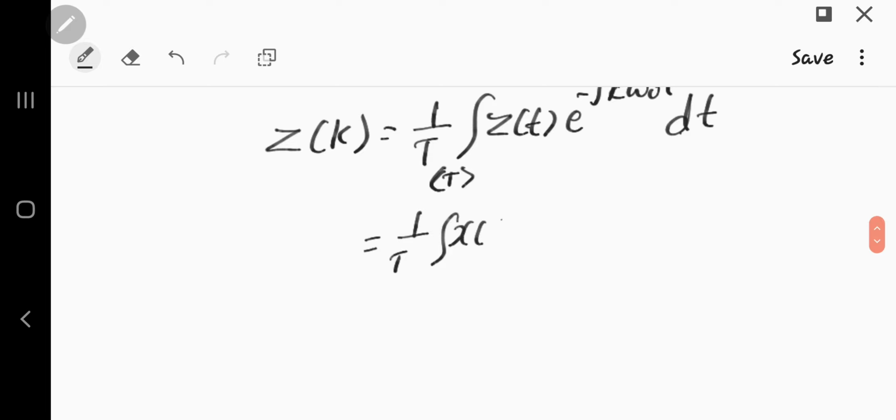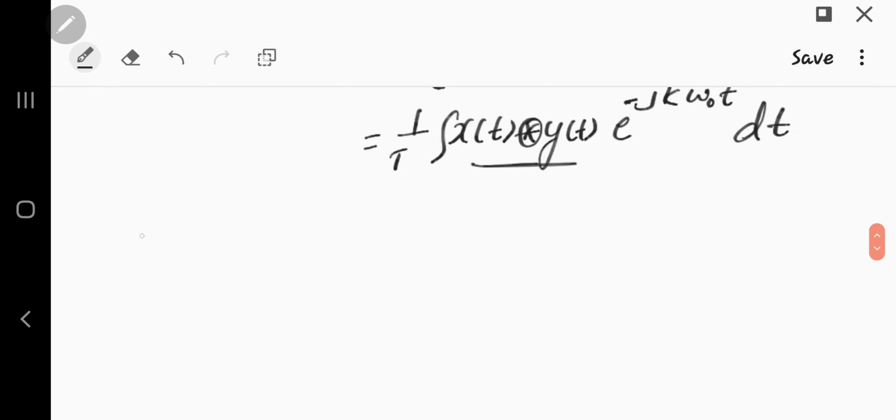Substitute z of t here. Z of t is what? X of t convolved with y of t, e power minus j k omega naught t dt. Now, this is the convolution. So, from the convolution integral, we can write the convolution of these two as an integral.